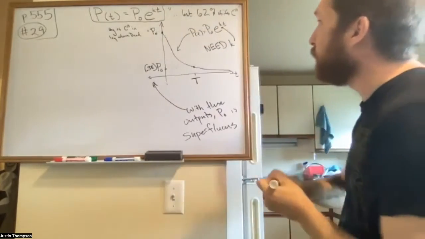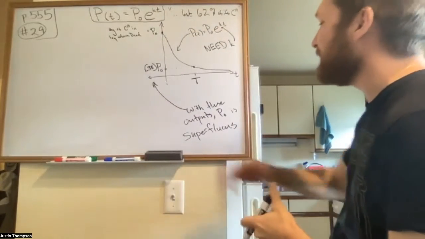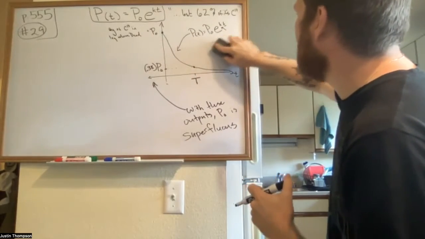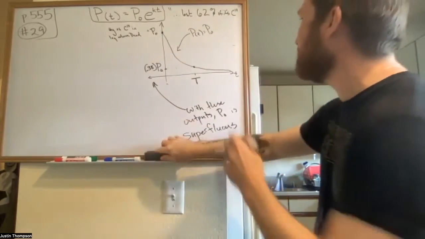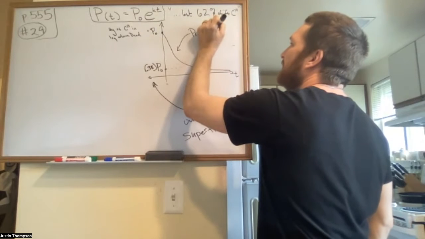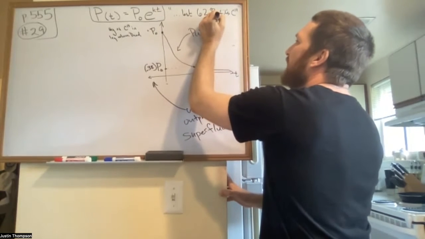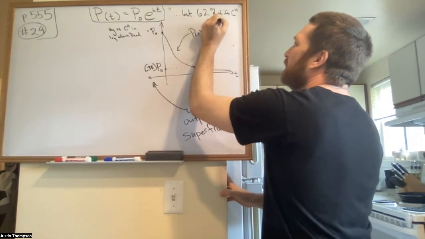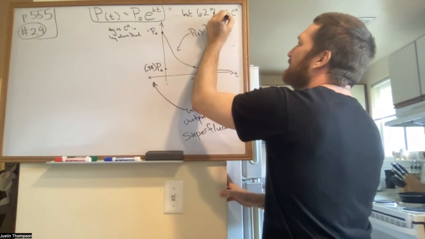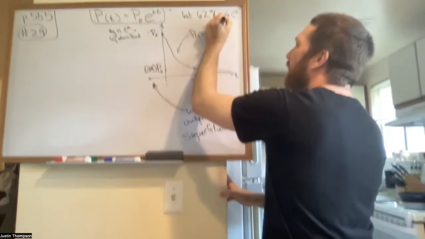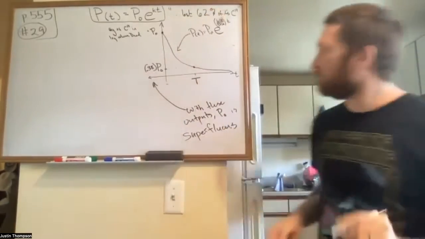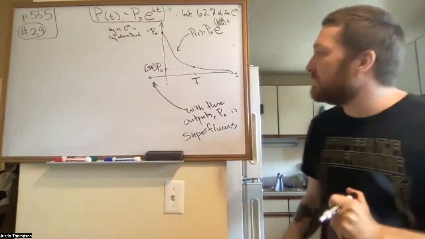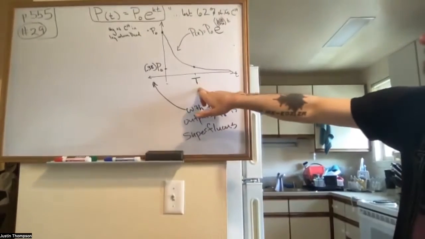Let's rewrite this whole thing as e to the kt, or in other words, e to the natural log of 1/2 divided by 5730 times t, using parentheses. Now there's only one thing we need to know, and that is t.